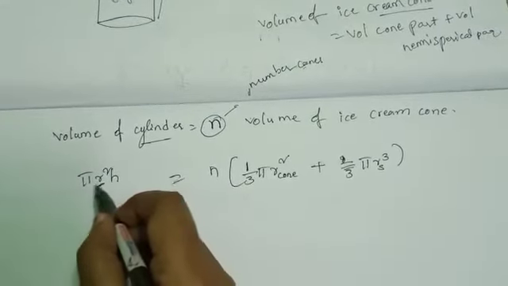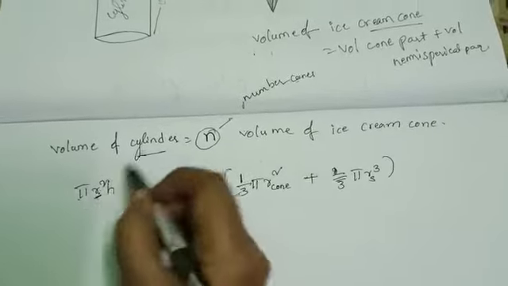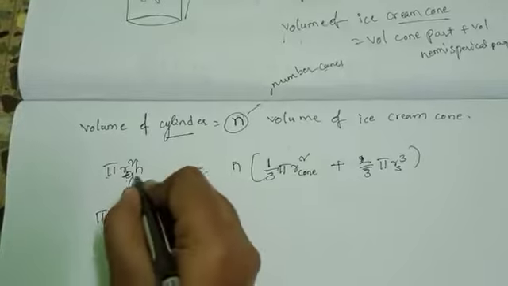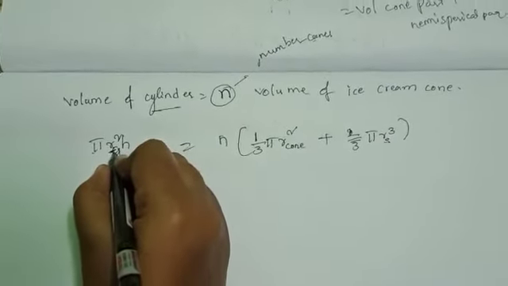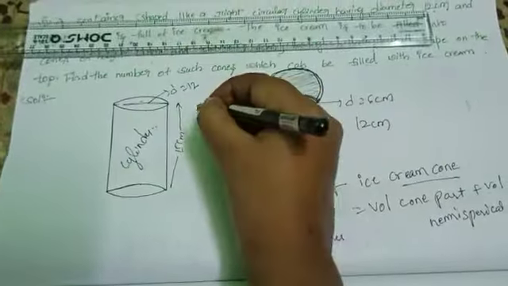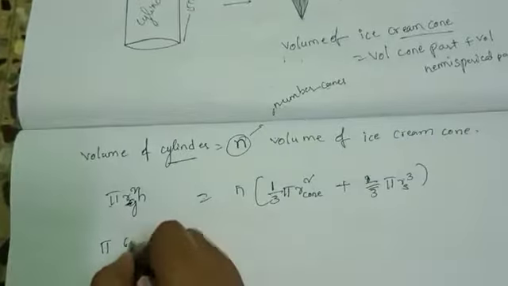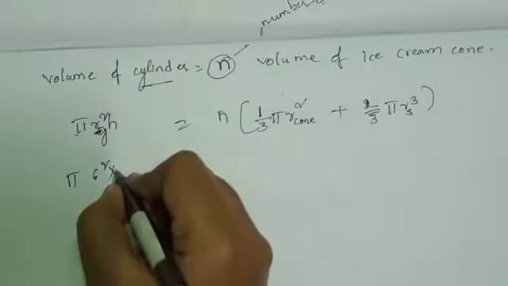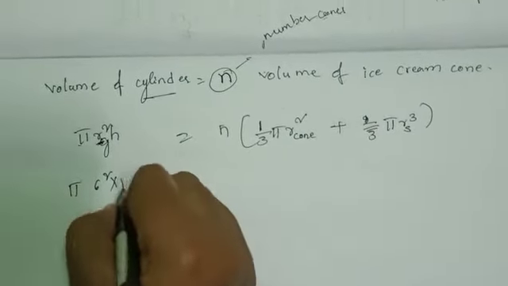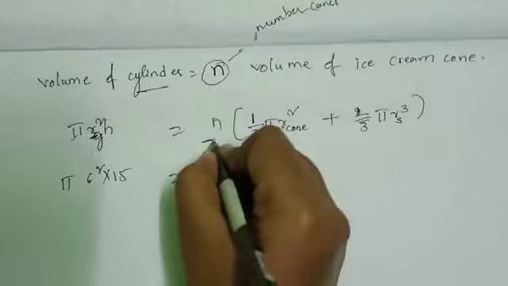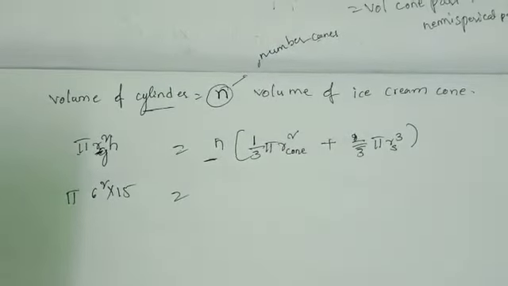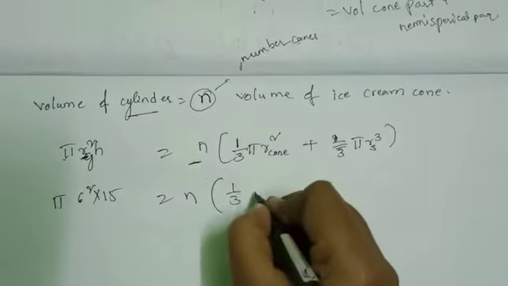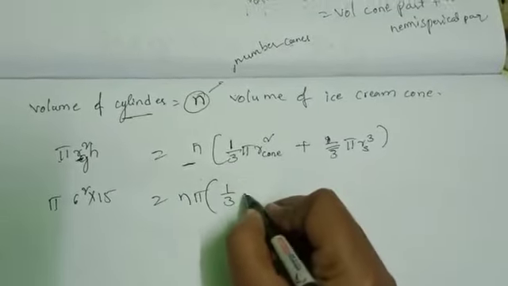For the cylinder, r is the radius of the cylinder. So pi into the radius of the cylinder, the diameter is 12 so the radius is 6, squared, and the height of the cylinder is 15.